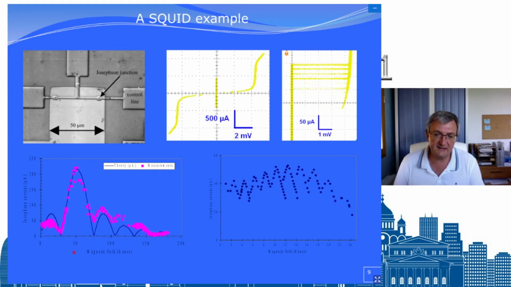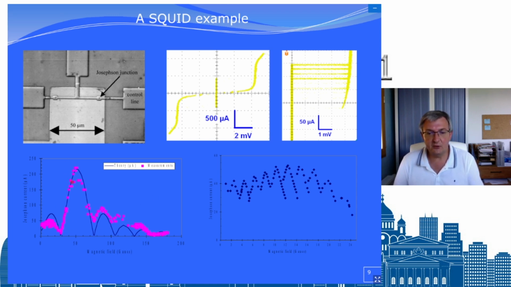The magnetic field here is in Gauss, so it's about 10 to the minus 3, 5 millitesla. You clearly see a diffraction pattern. This is really due to the size of the junction, and you can even find the size of the junction from this periodicity. So you have this typical diffraction pattern, not very symmetrical because the device was not perfect.